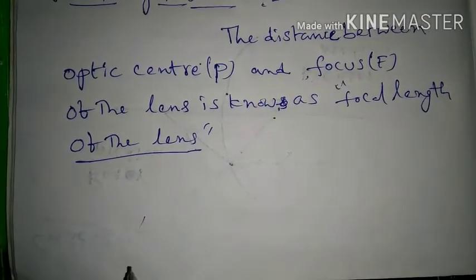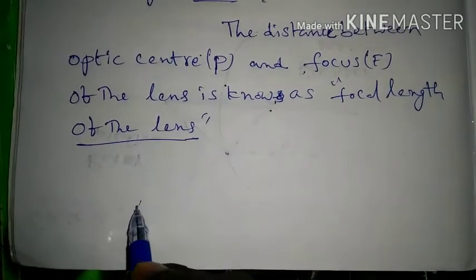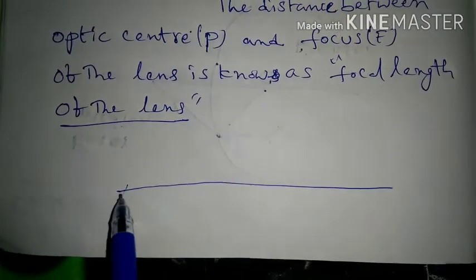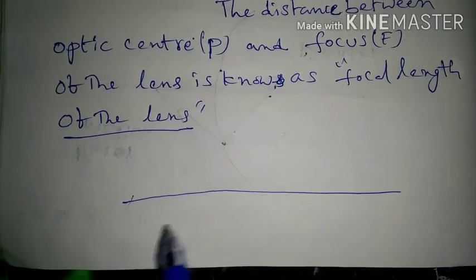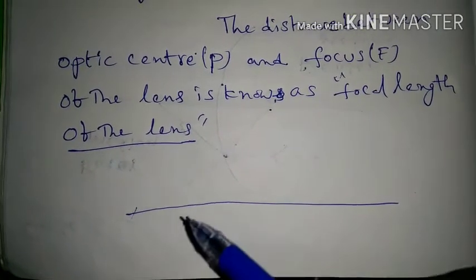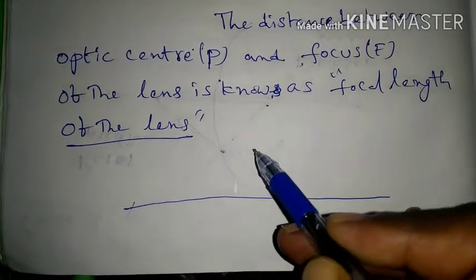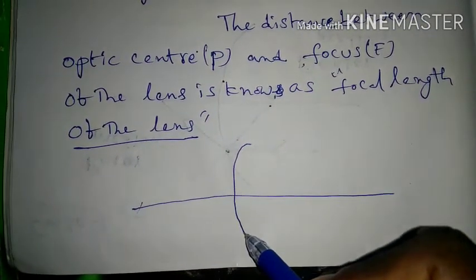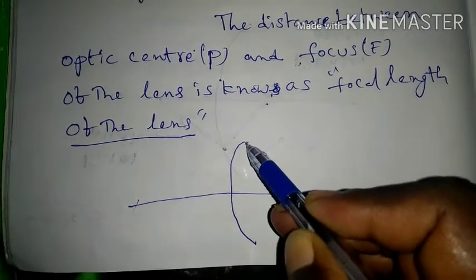Explanation. This line is the principal axis. Next, take a convex lens, a double convex lens.